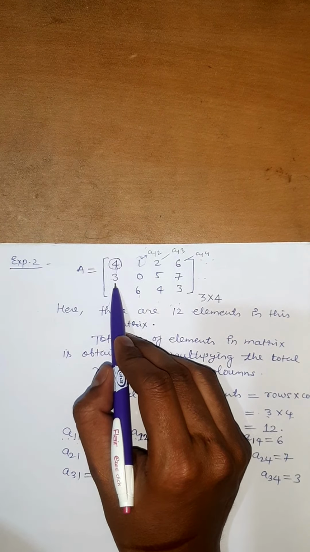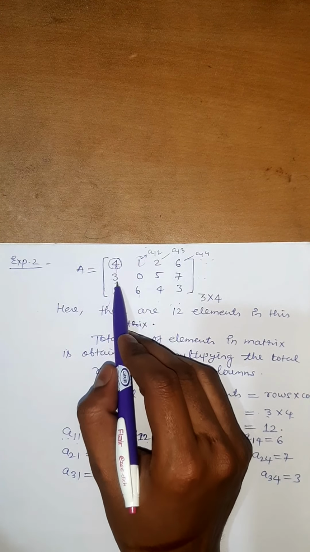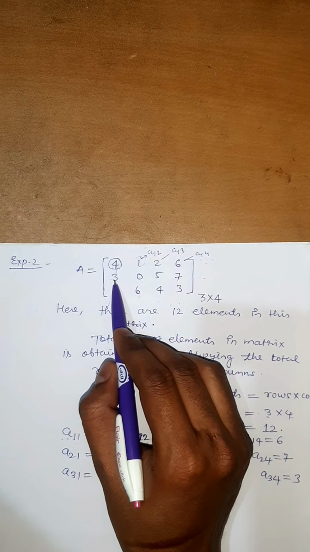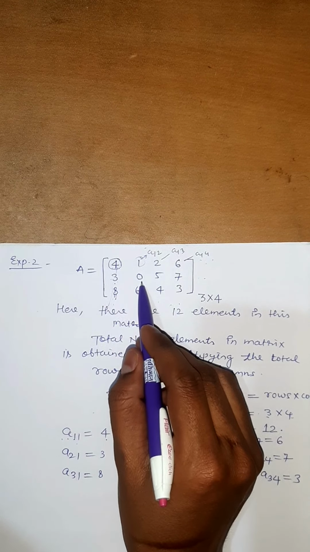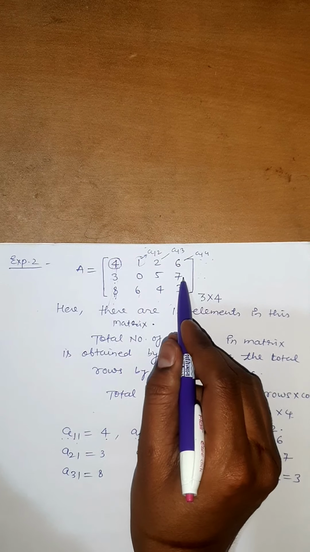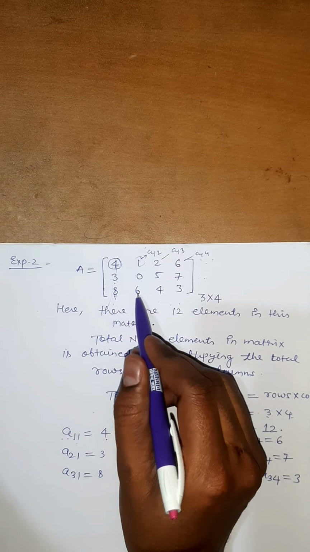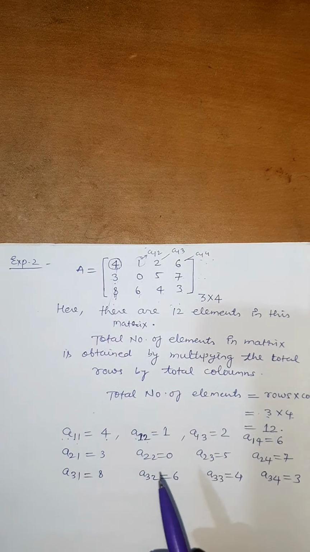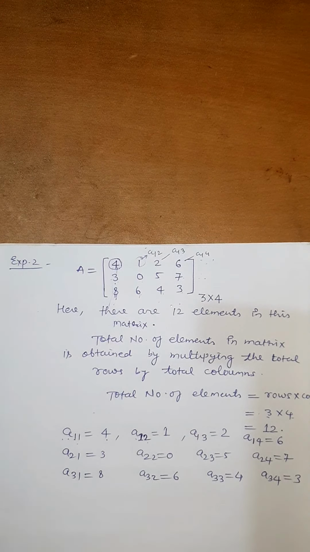Similarly, this element is A21 because this is second row and the first column. So this element is of the type A21 and A22, A23, A24 and A31, A32, A33 and A34. So there are 12 elements in this matrix.